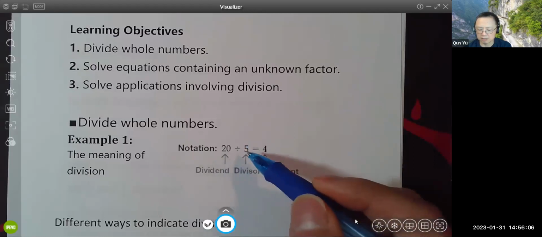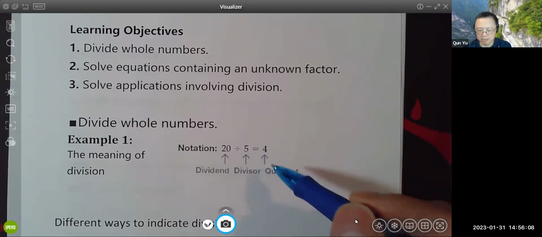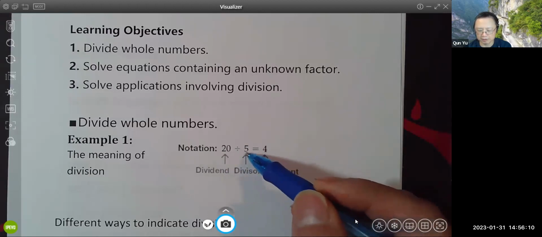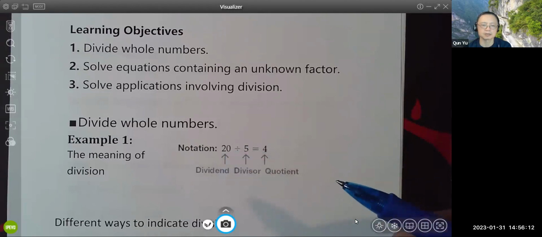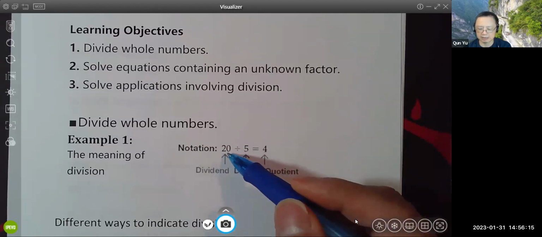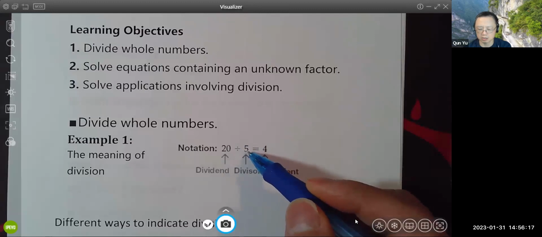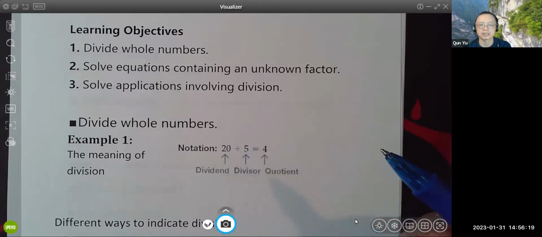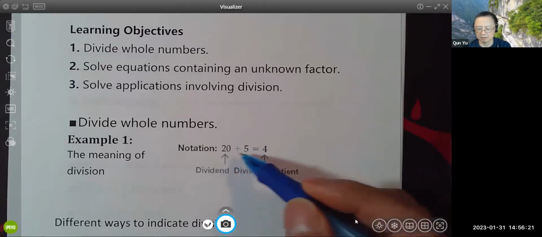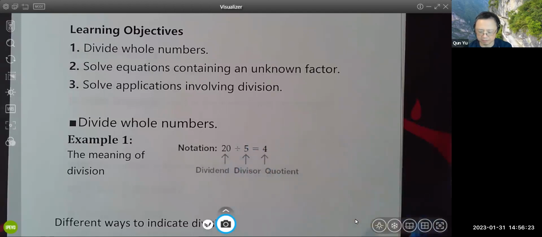So 20 divided by 5 equals 4. It means there are 4 fives in the first number. The first number contains 4 of the second number. So how many of the second number are in the first number?